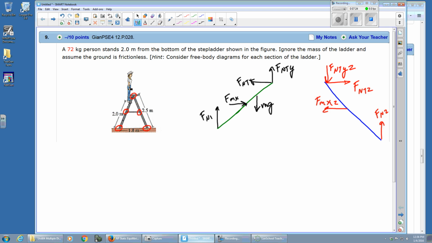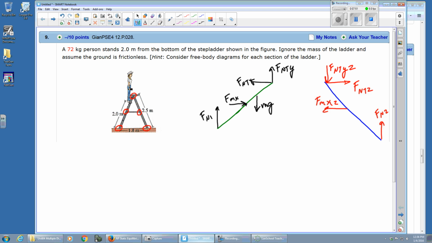Because this one would cause clockwise, this would cause counterclockwise. And these two could balance out horizontally, and these two could balance out vertically. And that would get rid of our need for any horizontal force at the bracing point.